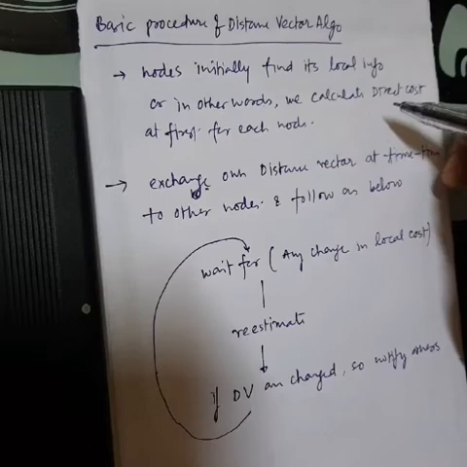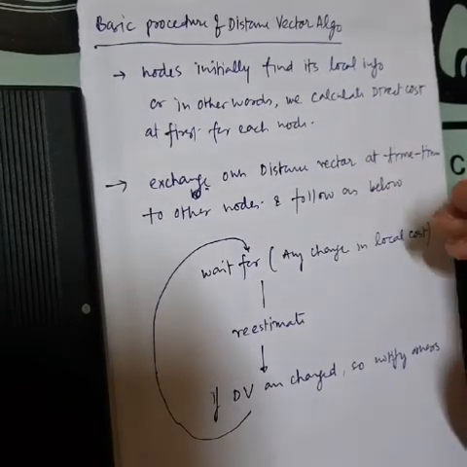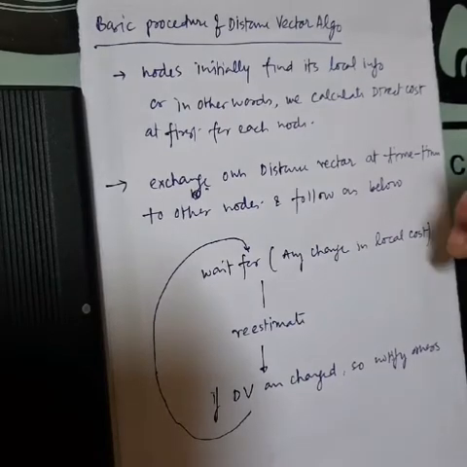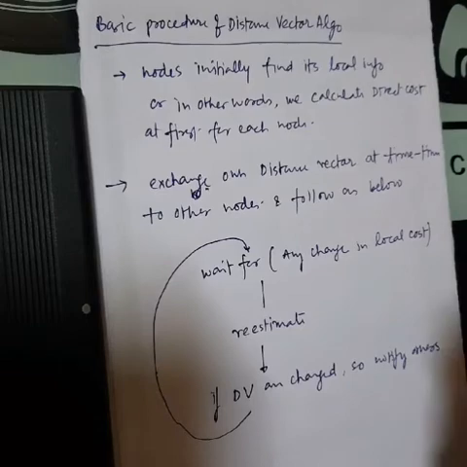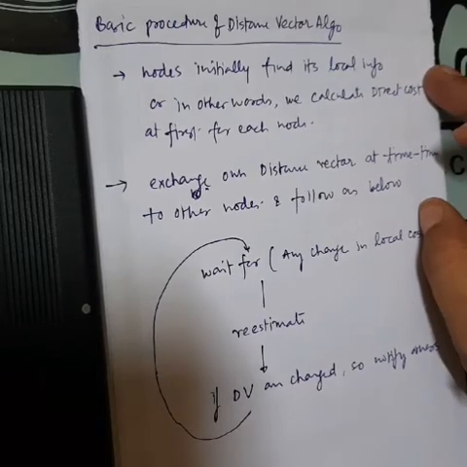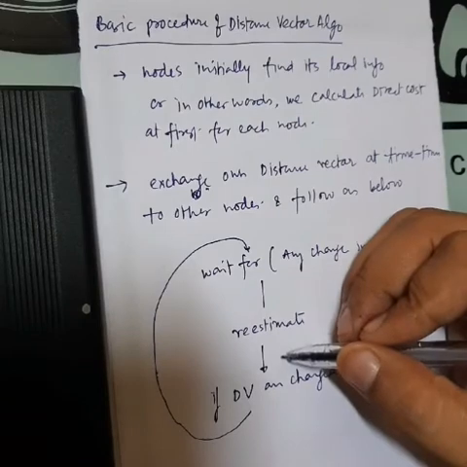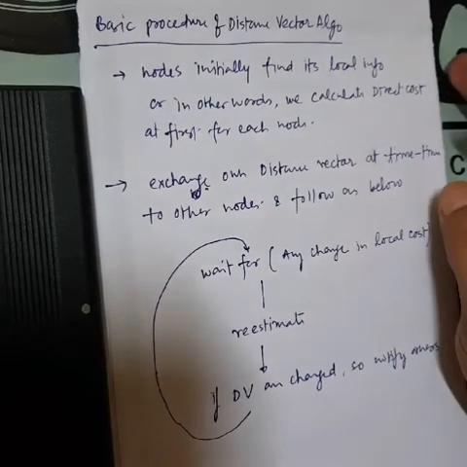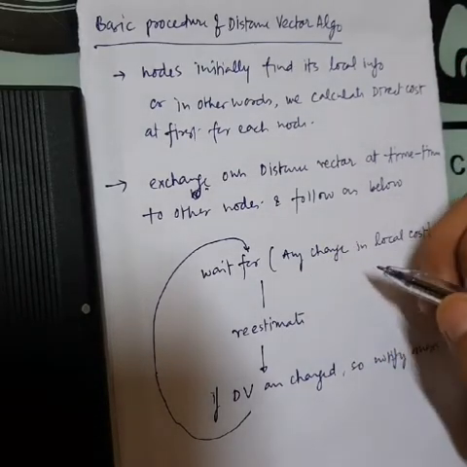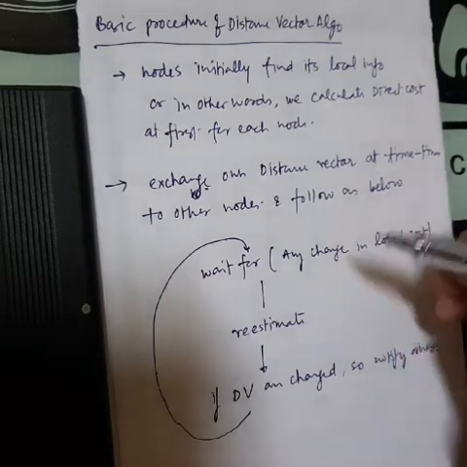After the first step, each node exchanges its own distance vector at a particular interval, but it is not a fixed interval, basically it is periodic, and this distance vector is shared with other nodes in the network. This procedure is followed until no changes are found in the distance vector.